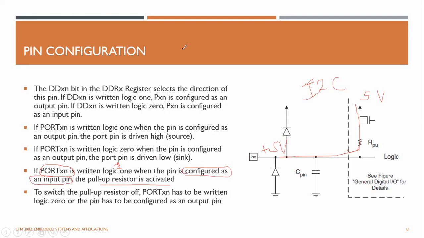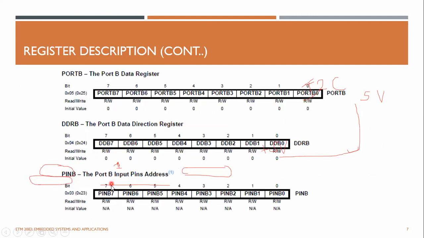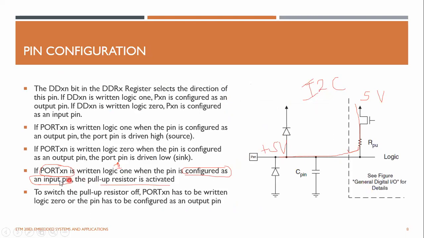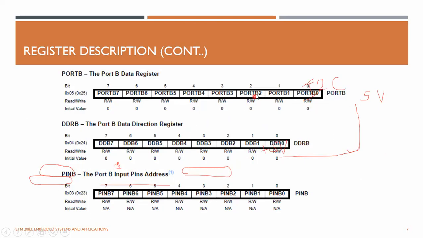So you just go here and configure the direction, set it as an input by making it 0, and then write digital logic 1 to RB2. I'm considering RB2.